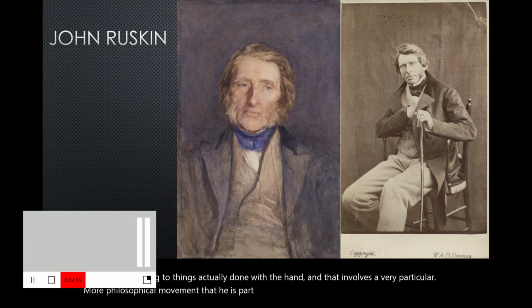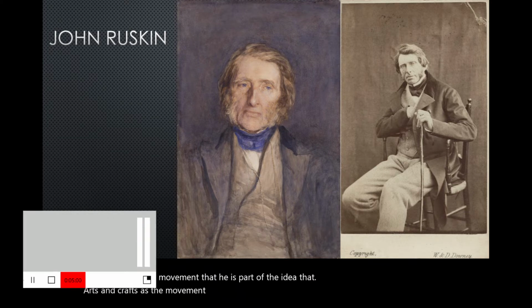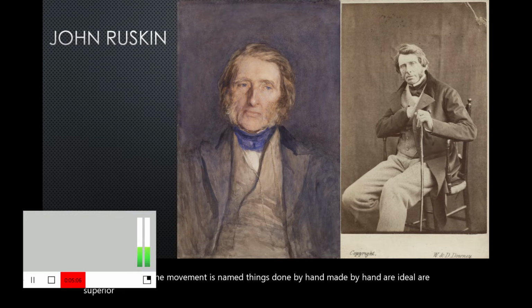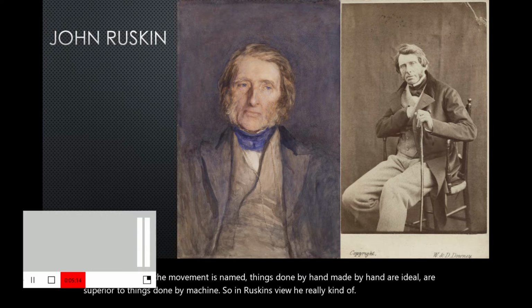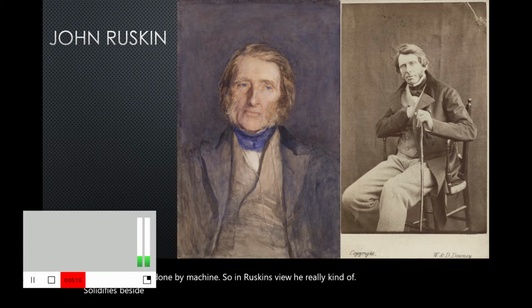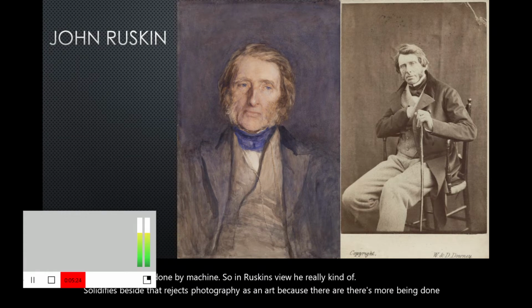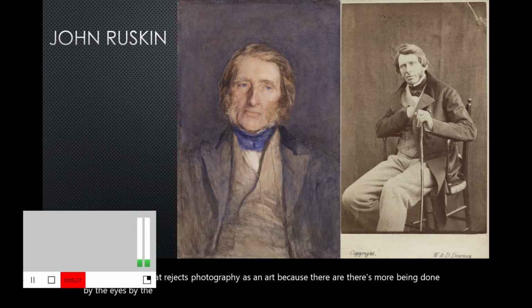The idea that arts and crafts, as the movement is named, things done by hand, made by hand, are ideal, are superior to things done by machine. So in Ruskin's view, he really solidifies the side that rejects photography as an art because there's more being done by the eyes, by the chemicals, by the machinery in the process, rather than the hand holding a brush or a pencil, for example.